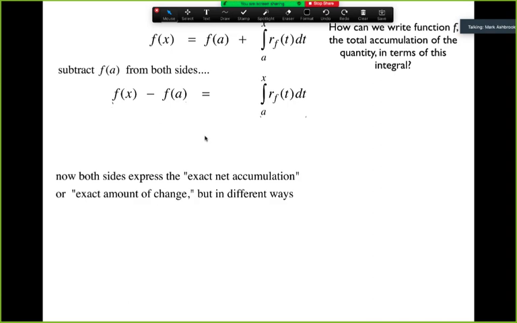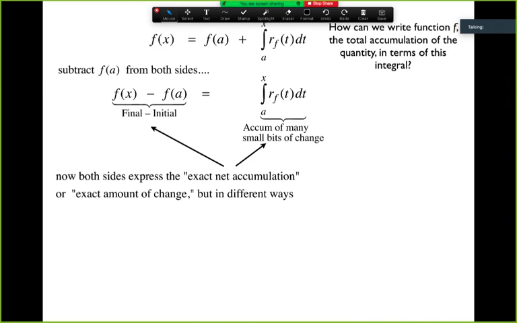But now they're expressing that net accumulation in two different ways. This one is expressing it as the final value of the quantity minus the initial value of the quantity. This one is expressing it as the accumulation of many small bits of change. But they're both the exact net accumulation of our quantity f starting from x equals a. I'm going to change the order here and see if that looks familiar to you from Calc 1.